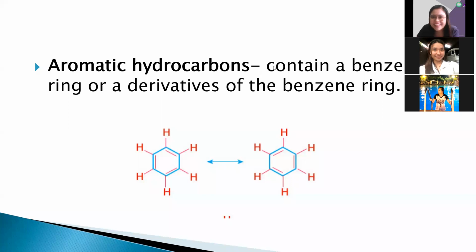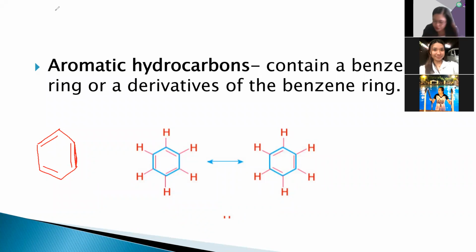Ang aromatic hydrocarbons kasi class, may benzene talaga yan sila and other derivatives of the benzene. So when you say benzene, this one is benzene ring. 6 na carbon ha, and then meron siyang three double bonds. So 1, 2, and 3. So that is the benzene.